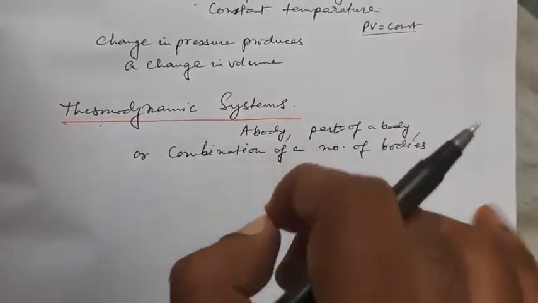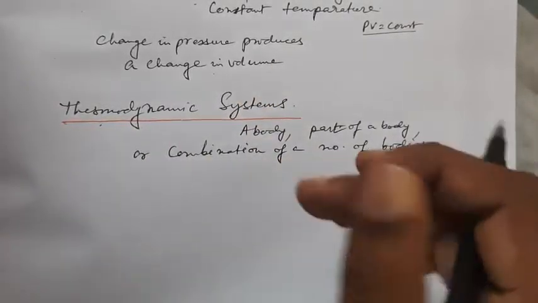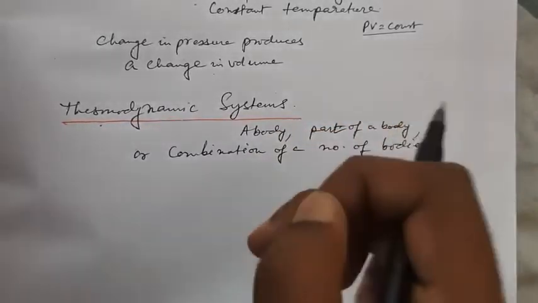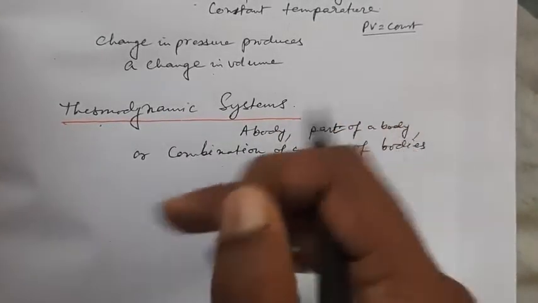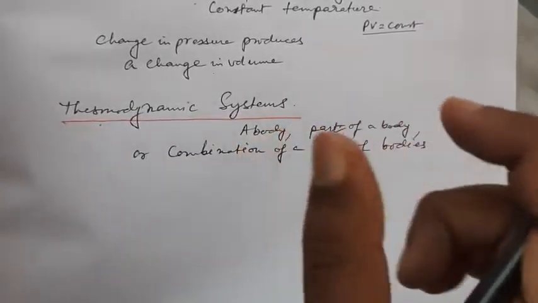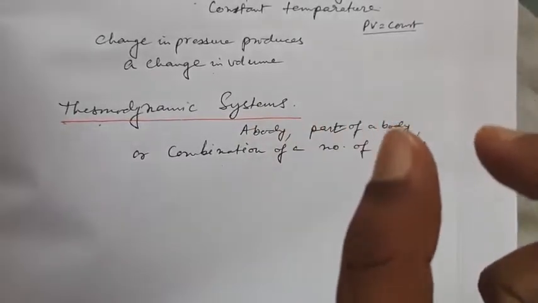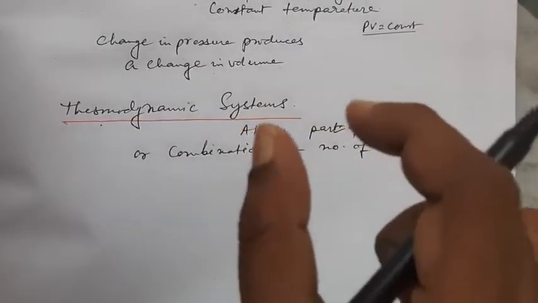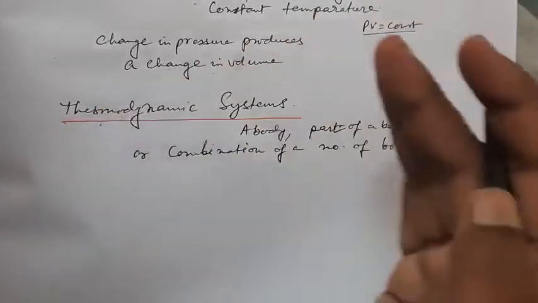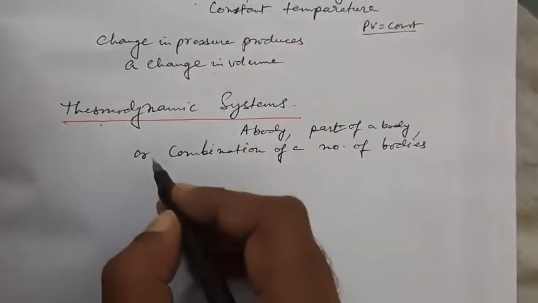Now the main property of a thermodynamical system is that it interacts with its surroundings. That means it has a relation with the surroundings or environment. You will find these two words, surroundings and environment, with the same meaning.